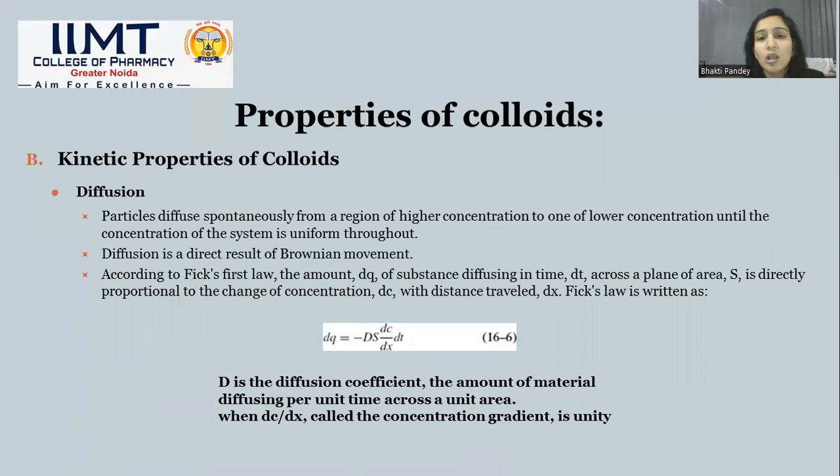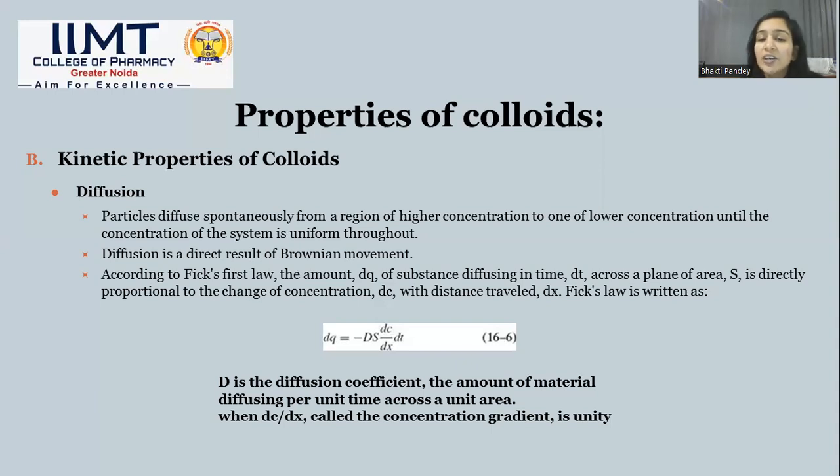We all know what diffusion is. Diffusion is a mass transfer process. Particles move from the higher concentration region to the lower concentration region until equilibrium is achieved on both sides. So diffusion is a direct result of Brownian movement. According to Fick's law, the amount dq of substance diffusing in time dt across a plane of area S is directly proportional to the change of concentration dc with the distance traveled dx.